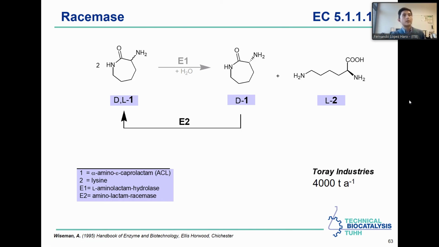So that is a way of how we can take advantage of racemases, combining them with kinetic resolution into what we call a dynamic resolution. And this process, I think we have already covered before, but this allows us to go from the standard theoretical maximum in kinetic resolutions, 50%, all the way to 100%, theoretically at least.